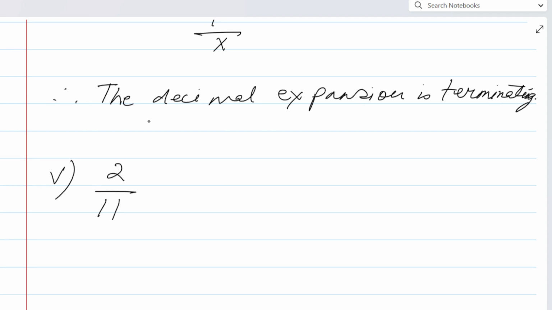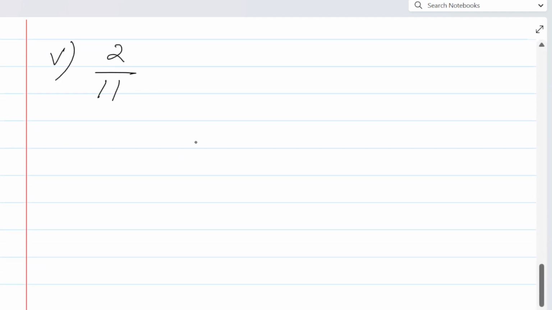So let's start this. 2 and 11. Let me do here 11 and then 2. Okay, first what you do, take decimal point, and for this decimal point you can take 0 here, one decimal point, 10, and now you try 11 and 20.